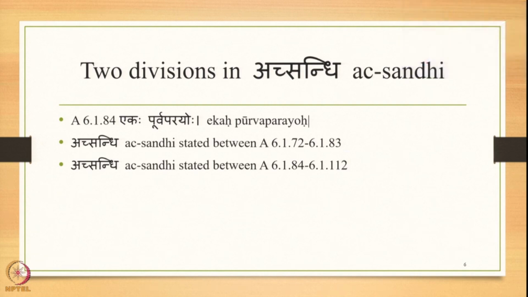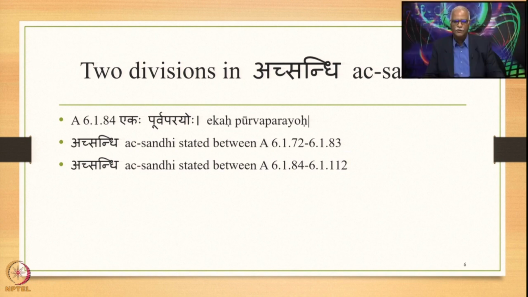This big section in the Ashtadhyayi in 6.1 can be divided broadly into two subsections. One of them is from 6.1.72 up to 6.1.83, and it is the Sutra Ekah Purva Parayoho, which is 6.1.84, which divides these two sections into two.